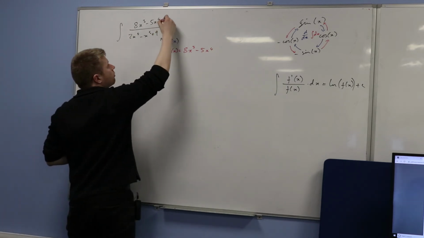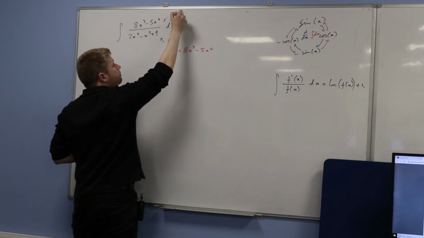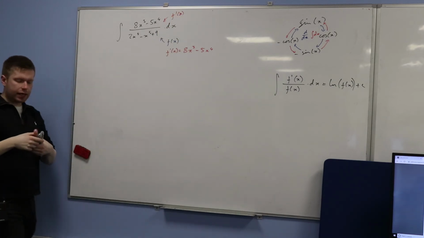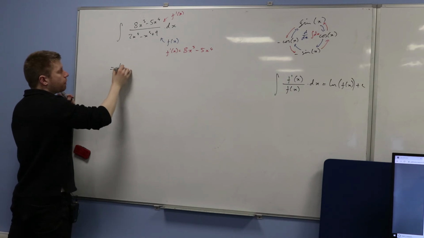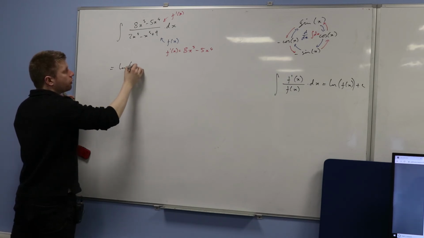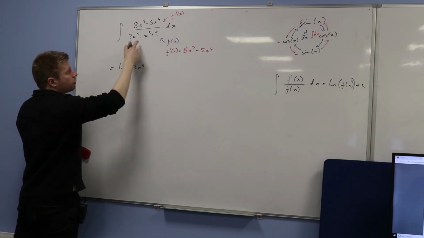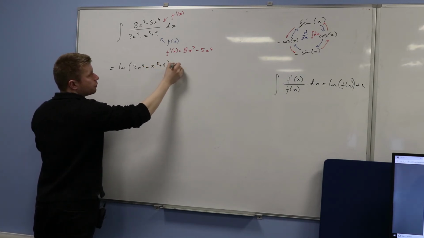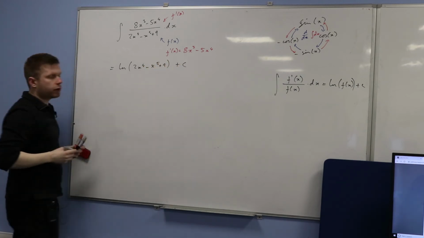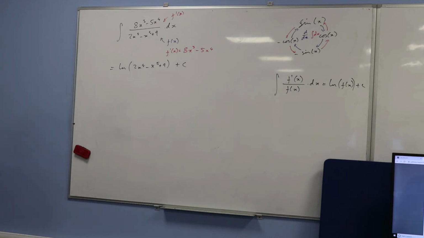Yes, it is. So therefore, this big, horrible thing actually is quite simple to solve, yeah? What should it be equal to? Natural log of? Yeah, that function there, right? Good. Don't forget your plus c. Is that good? Any questions?